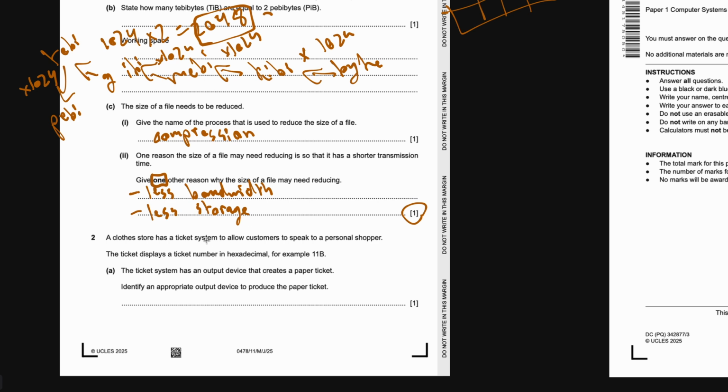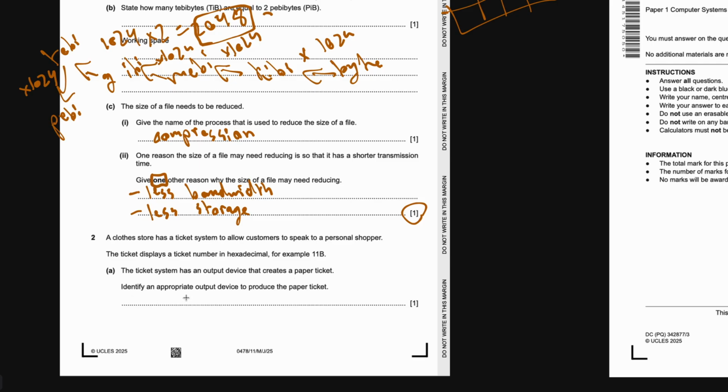Okay. So for question 2, a clothes store has a ticket system to allow customers to speak to a personal shopper. The ticket displays a ticket number in hexadecimal. For example, 11B, right? This is a hexadecimal number. The ticket system has an output device that creates a paper ticket.